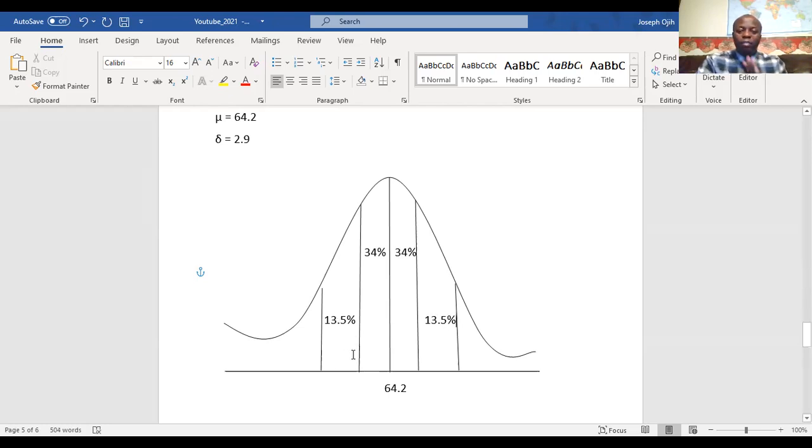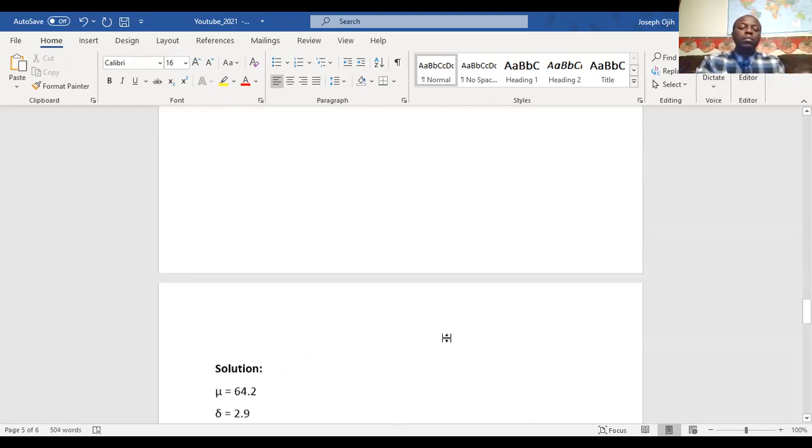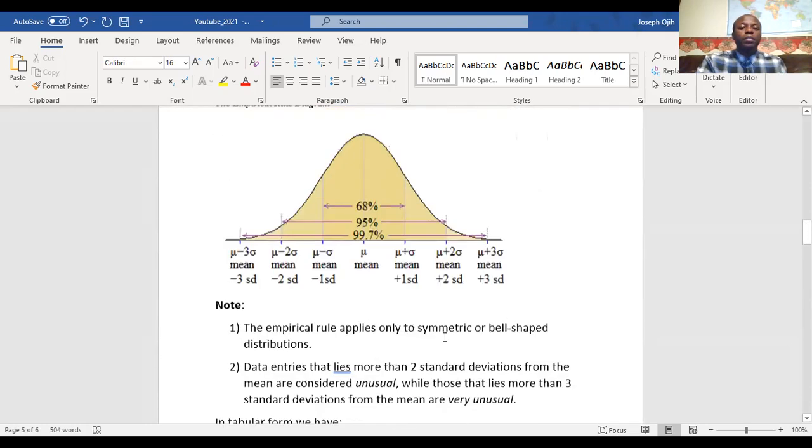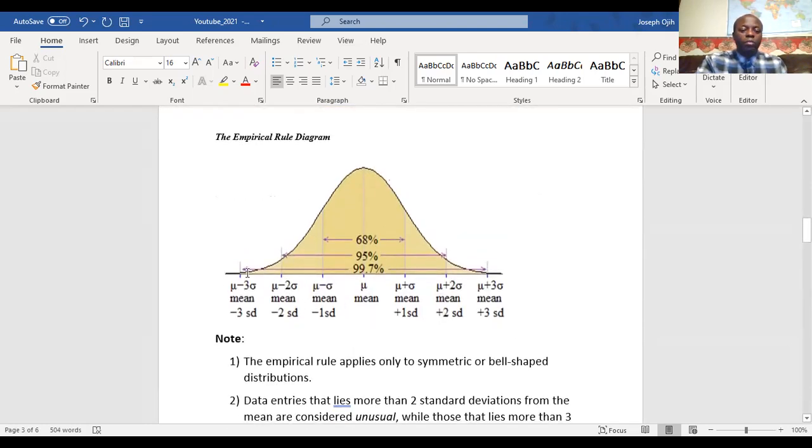Now, we have the 2 standard deviations. Now, the last one is the 3 standard deviations. What does the empirical rule say? It says that for 3 standard deviations, which is from here to here, we have 99.7%. Now, we already have 95%. See? So we don't have to count it because we are looking for only this part and this part. So we're going to subtract 95% from 99.7%. And since we're looking for two sides, we can now divide by 2.